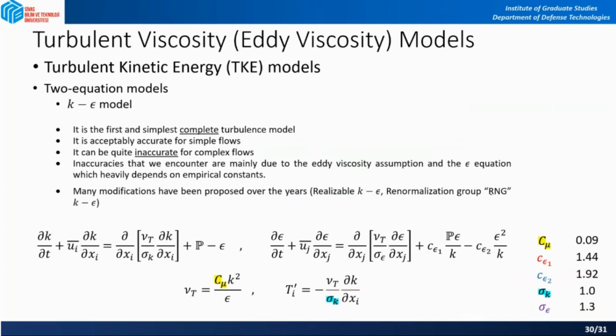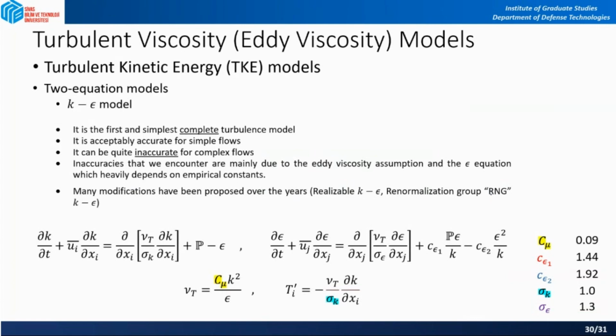There are a few notes about the K epsilon model, and I wrote them in here. It is the first and simplest complete turbulence model. It is acceptably accurate for simple flows. It can be quite inaccurate for complex flows.